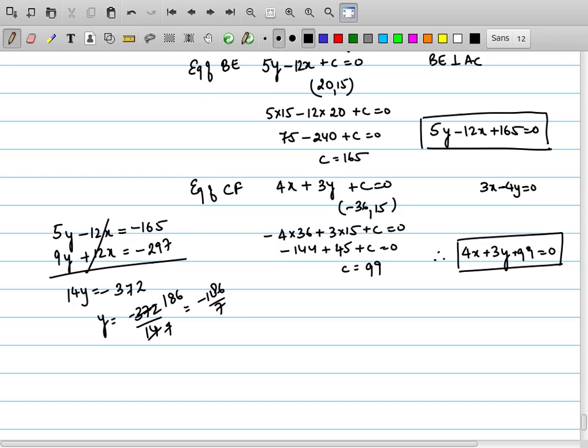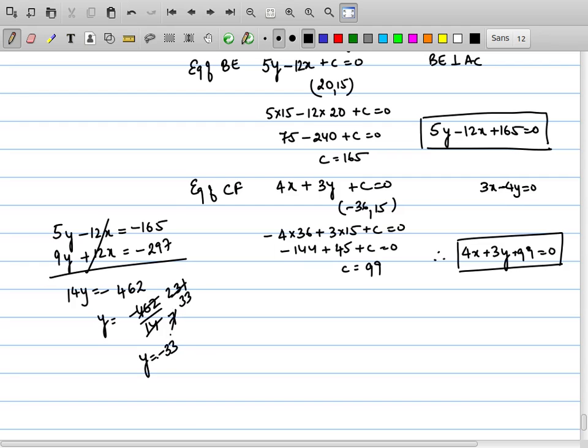Adding, this would be 462, I guess. So we will get minus 462 upon 14. 7 3s are 21, 7 3s are 21. Therefore y is minus 33.